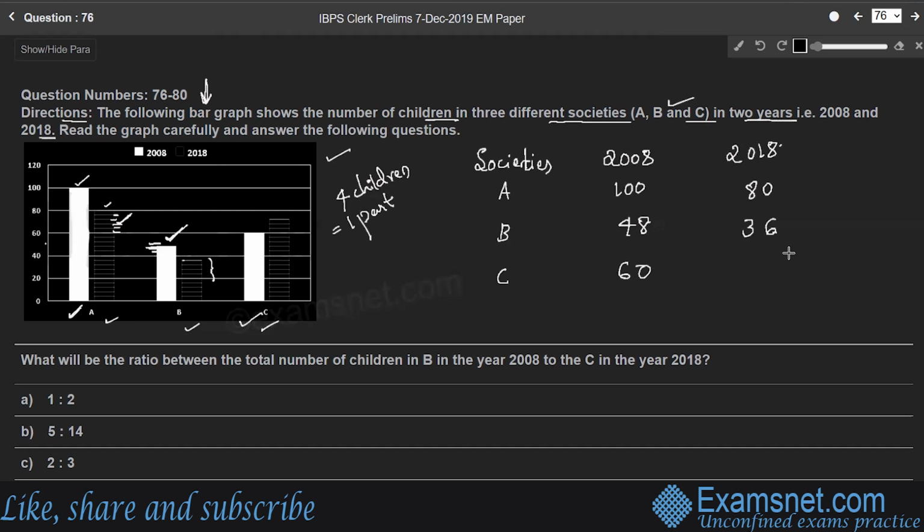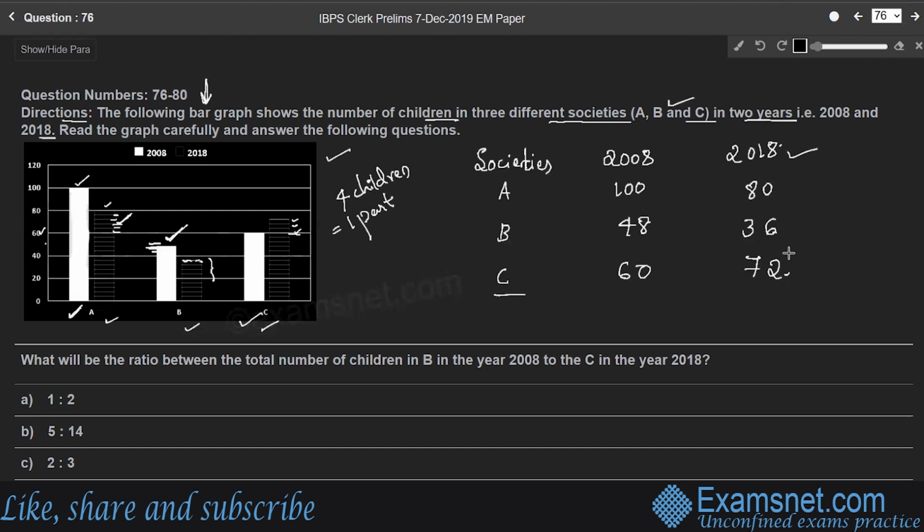Up to the 4th part it is stopped, therefore the graph is stopped here. So there are 36 children in Society B, whereas in Society C, only 3 parts, therefore it is 4 into 3, 12. So there are 72, 60 plus 12. There are 72 children in Society C in 2018.